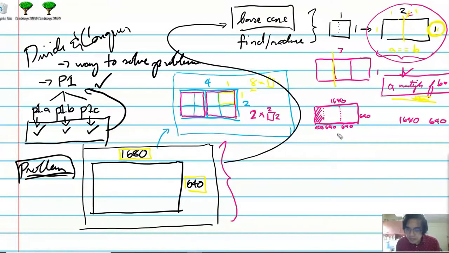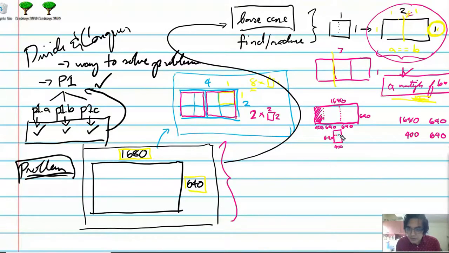Now what I have after the first iteration is a square that looks like this. Whatever the extra is, that's the thing that we continuously reduce. So here I have a 400 by 640 square. This is 400, this is 640. I would have to try and divide this again.